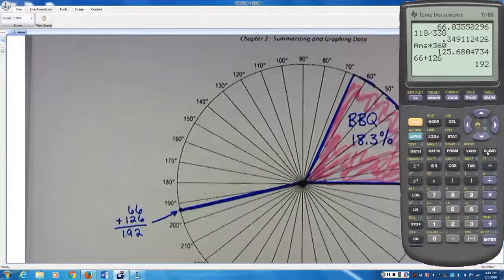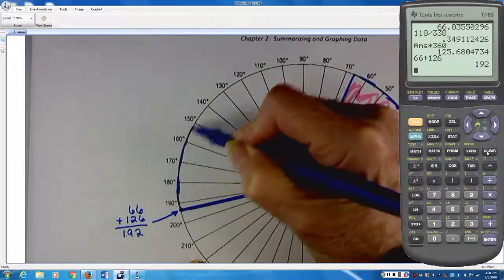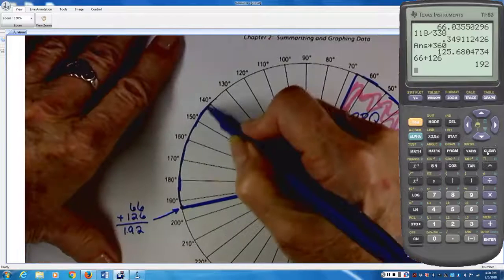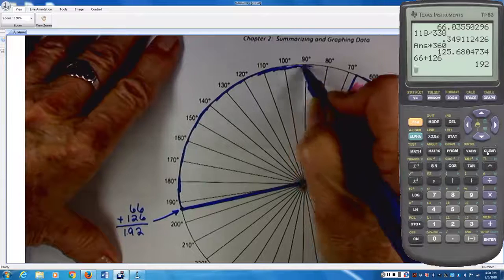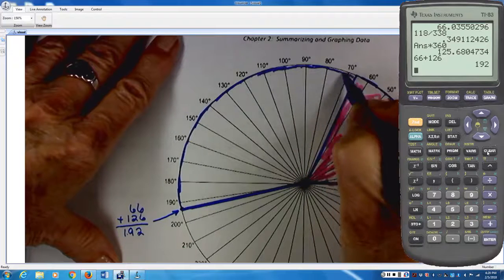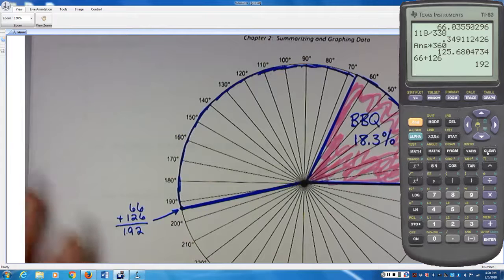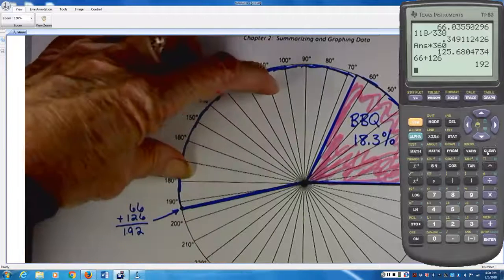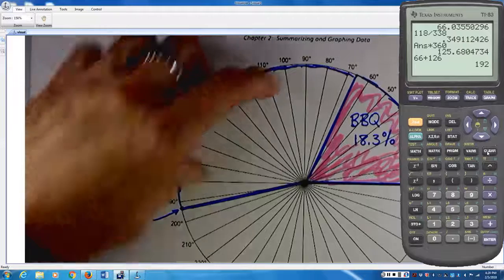So what that tells me is this whole big chunk here, remember, was about 34.9, almost 35% of the circle. And if you look, it makes sense. That's about 35% of the circle. That's a little better than a third of the circle.